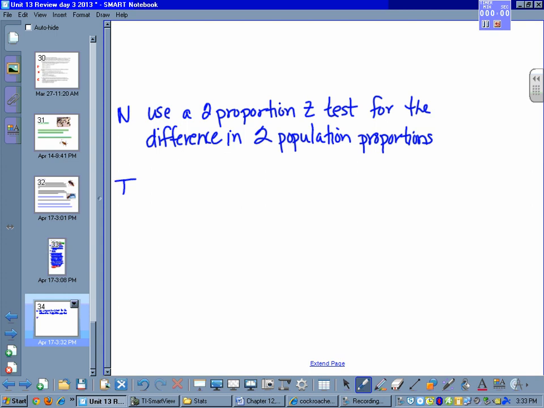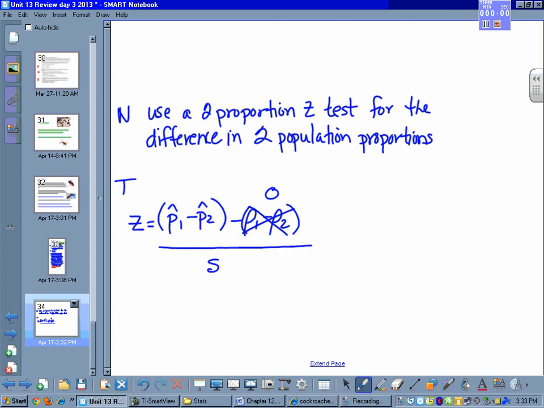Okay, to calculate the test statistic, we're in the z world, and we know that this is p hat 1 minus p hat 2. Technically, rho 1 minus rho 2, but in our null hypothesis, we said that this would be 0. And then that is divided by the standard error, which we know is our p hat combined.